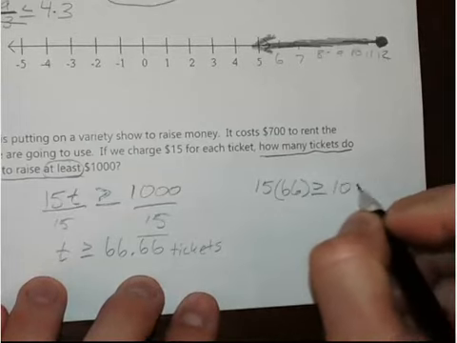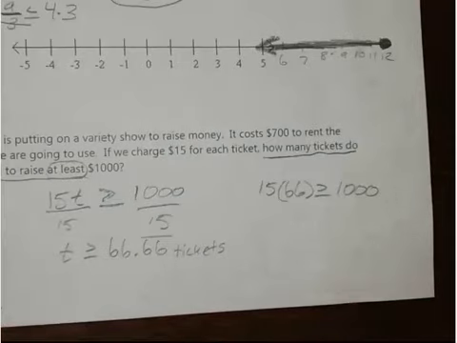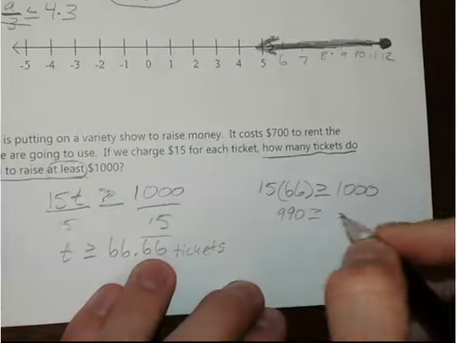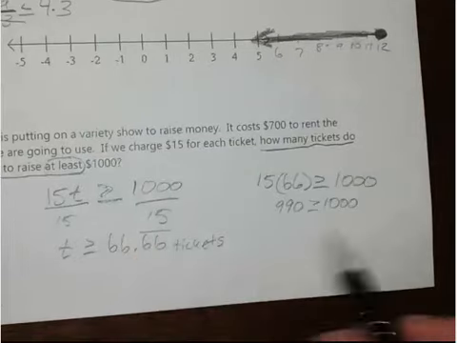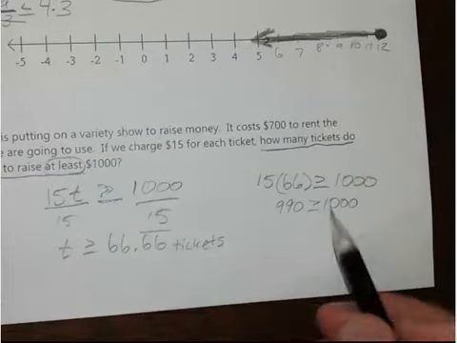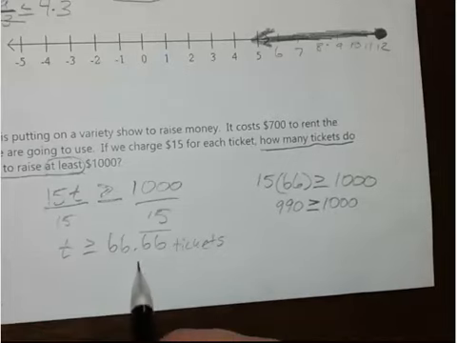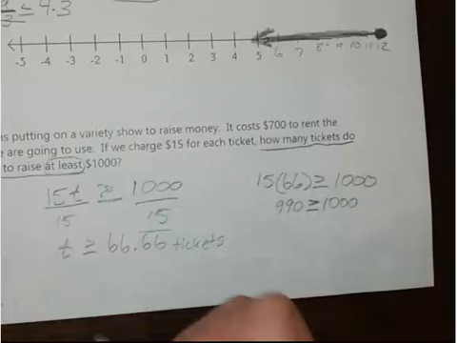And we need to know if that's greater than or equal to $1,000. 15 times 66 is 990. Now you should know that 990 obviously is not greater than or equal to 1,000. So if we rounded down to 66 tickets, we would not reach our goal of at least $1,000.